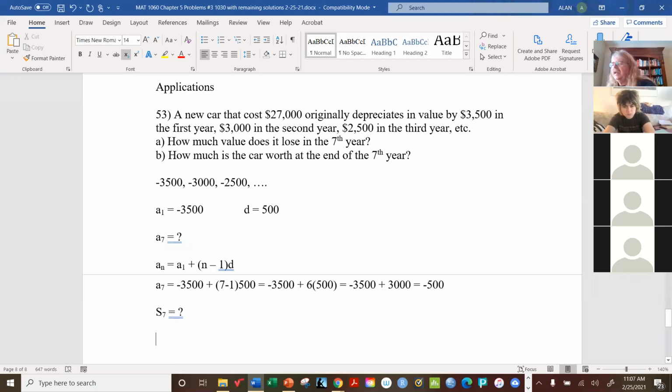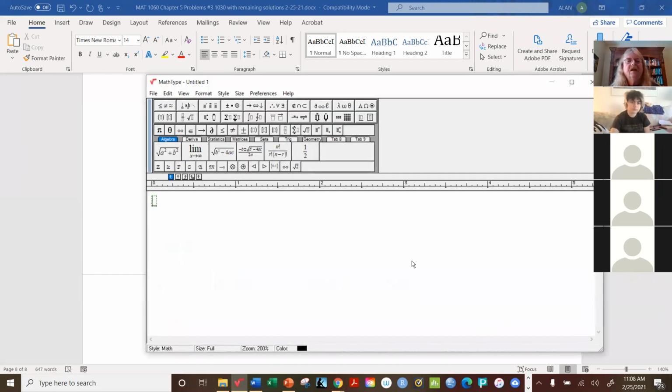And remember, for arithmetic sequences, the formula for Sn is n times (A1 plus An) over 2.